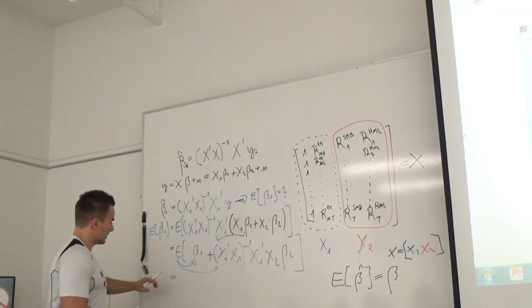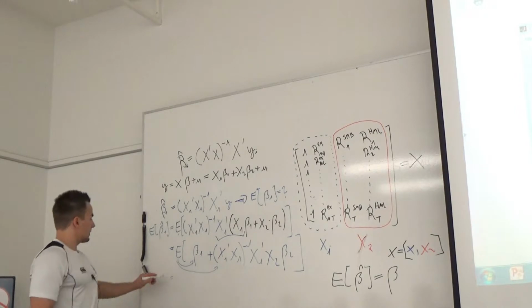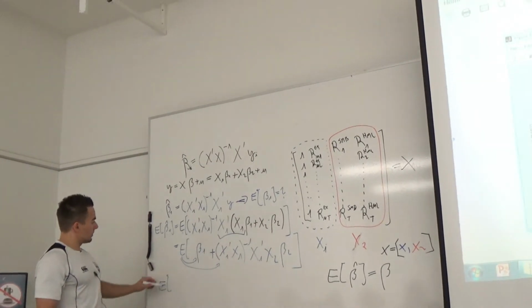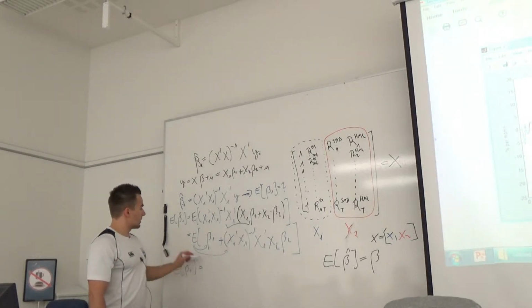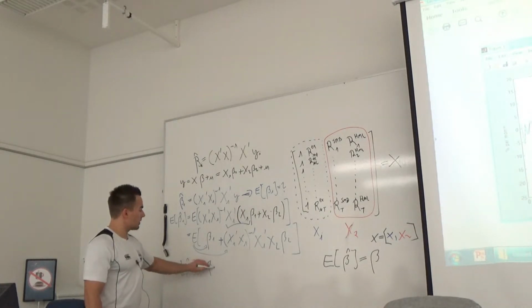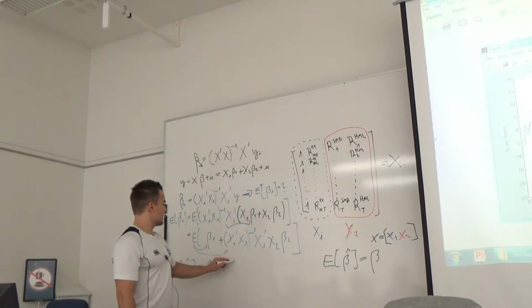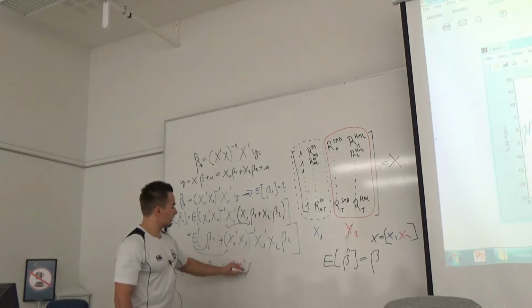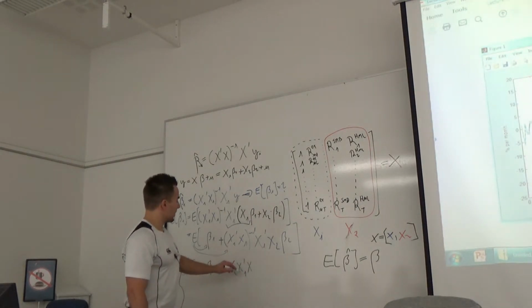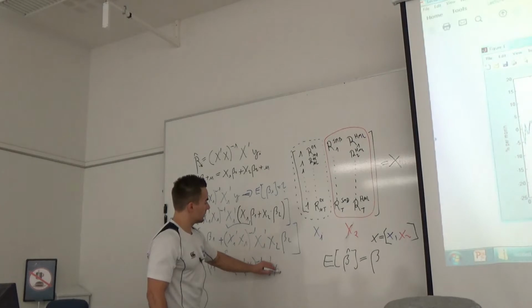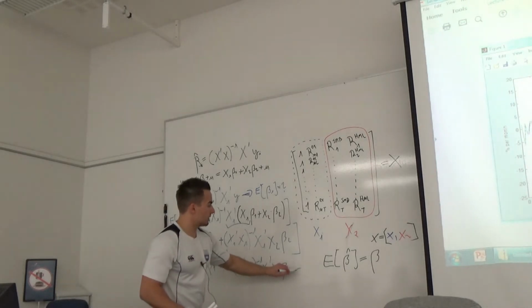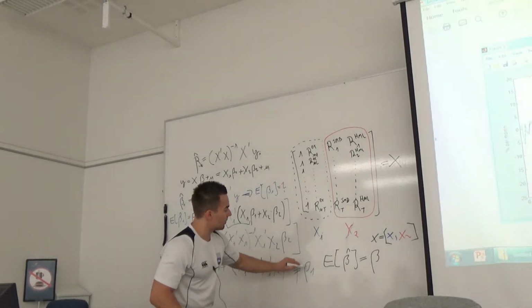And what we get is that the expectation of our point estimate, the expectation of beta 1 hat, is beta 1 plus what we have left: x1 prime x1 inverted times x1 prime times x2 times beta 2. And that's unequal to beta 1, right?